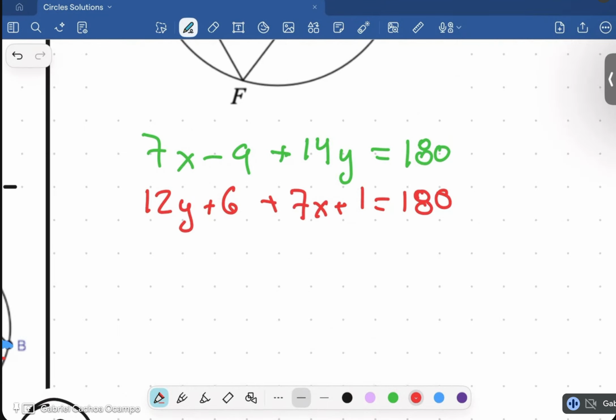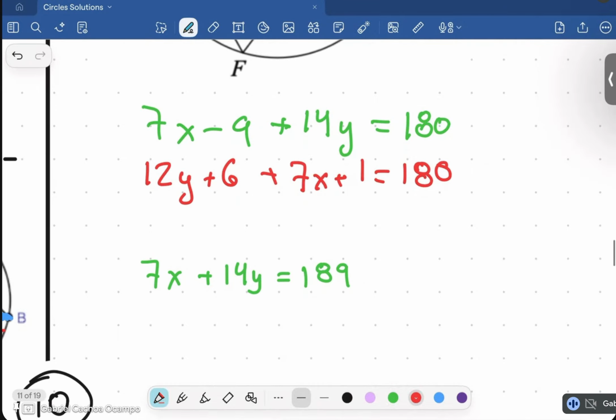Okay, let us collect like terms, no? O sea, for example, in the green equation, I have 7x plus 14y, and I am just going to move this 9 to the other side by doing 189. And in the red one, I have 7x plus 12y, 7 and 180 minus 7, that is 173.